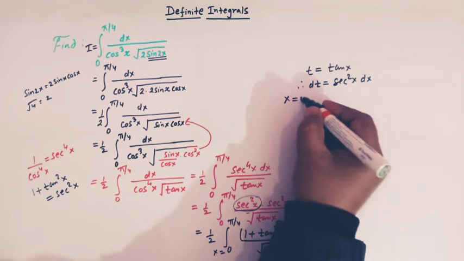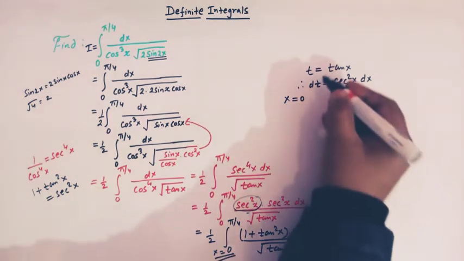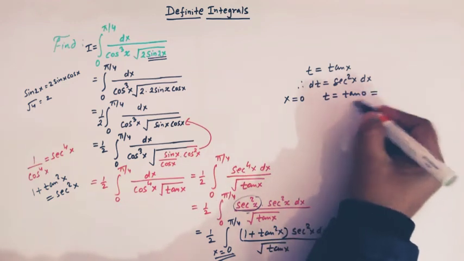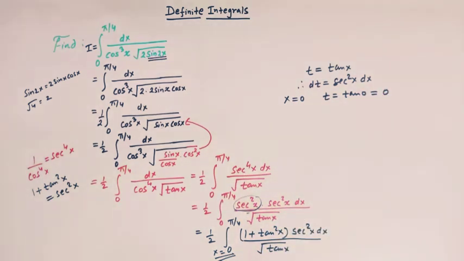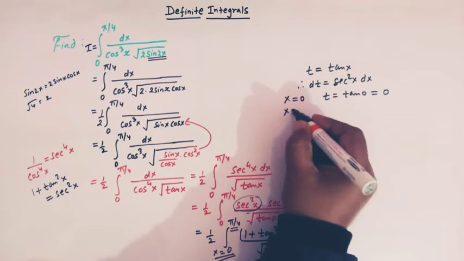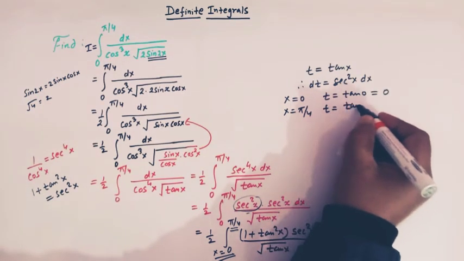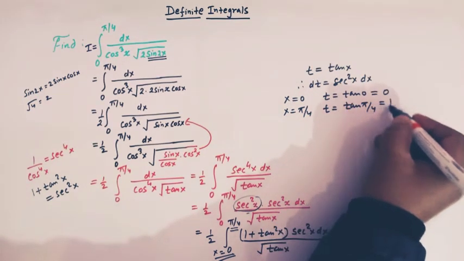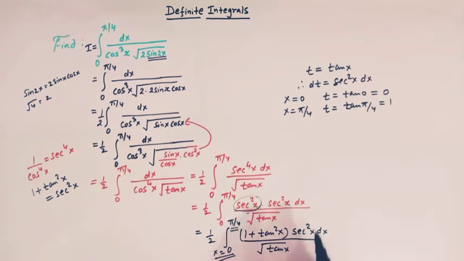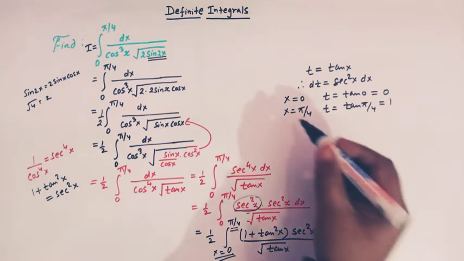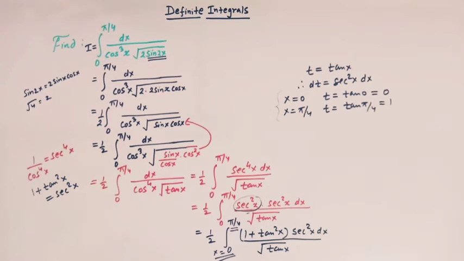Whenever x is 0, the value of t is tan 0, which is 0. And when x is pi by 4, t is equal to tan pi by 4, which is equal to 1. Viewers, always remember that whenever we use the substitution method in definite integrals, we change the limits accordingly.